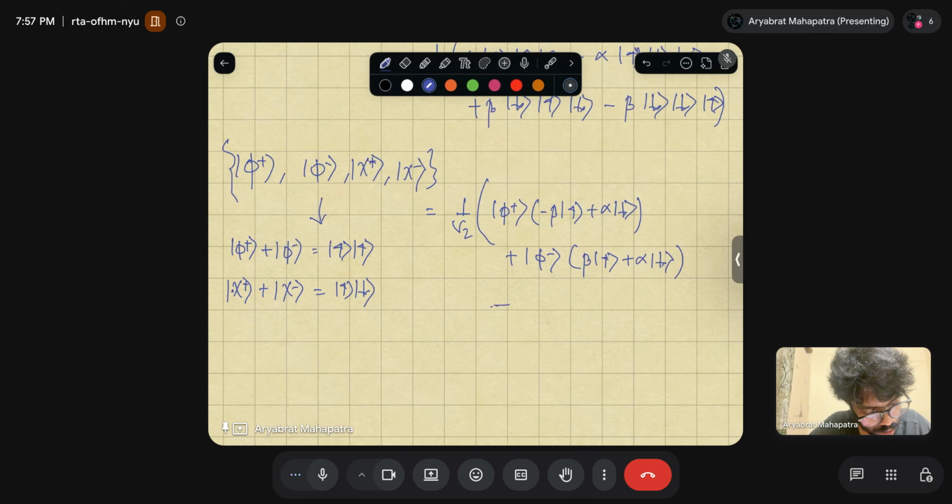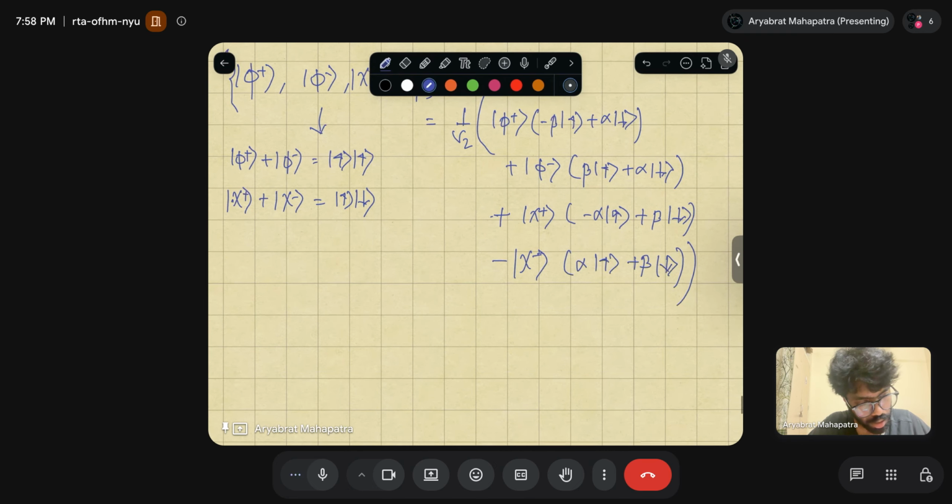And I would get chi plus, minus alpha up plus beta down. Then I think I'll have minus chi minus. Okay, so this is what you have.